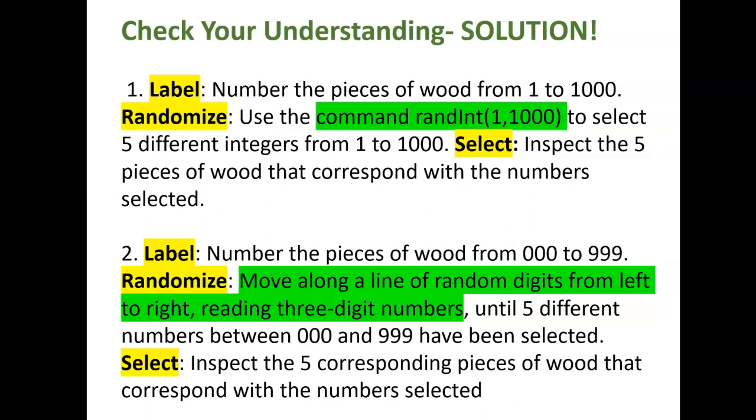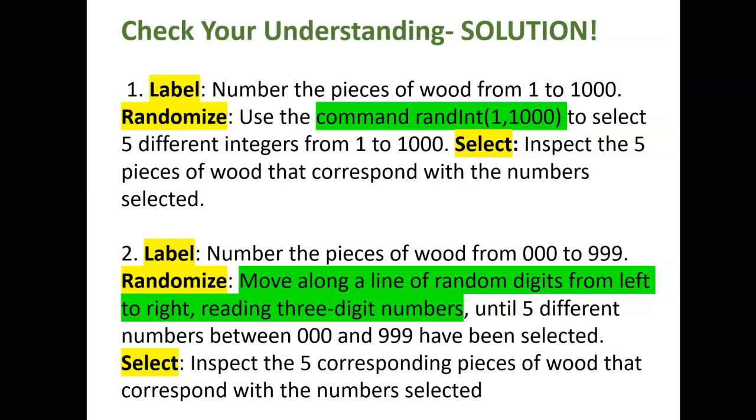Then we're going to randomize by using, notice the words here, the command, random integer 1 to 1,000. But remember, we saw random integer no repeat. On an AP test, we're going to be real specific about what we're doing and what we're using, and we're selecting 5. Once we select 5, you have to take it all the way home, guys. We're going to inspect the 5 pieces of wood that correspond with those numbers that we selected.